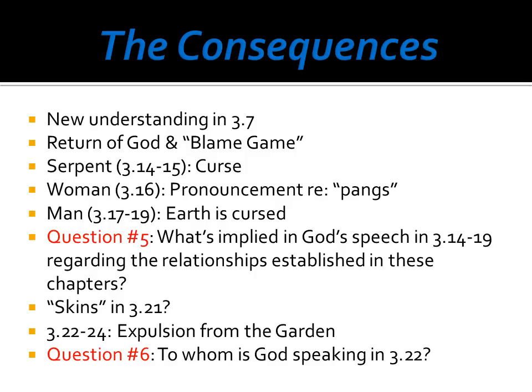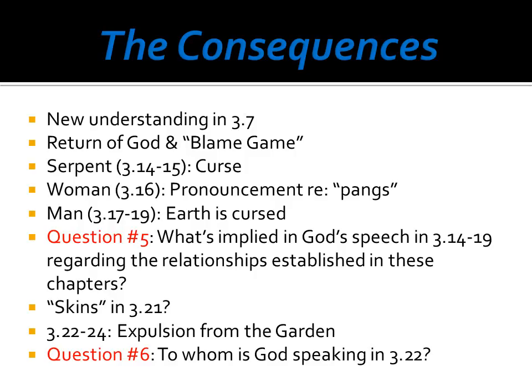In God's pronouncement to the man, in verses 17 to 19, there is certainly curse language used, but it's not directed at the man. Rather, it's directed at the ground. In effect, what God says in chapter 3, verses 14 to 19, is that the relationships that have been established between the human and the earth, the human and the animal, and the human with other humans are all now thrown out of balance.